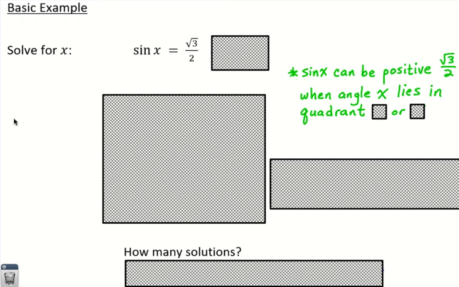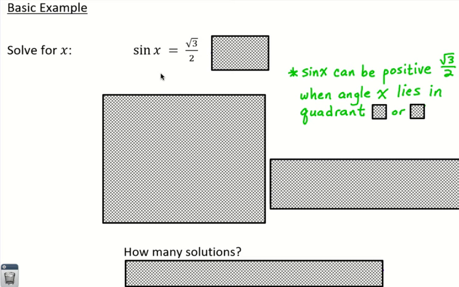But that's not what we can do here, you know, if we're trying to figure out like the sine of x equals root 3 over 2, and we want to know what x equals. So we're going to have to do other kinds of stuff.